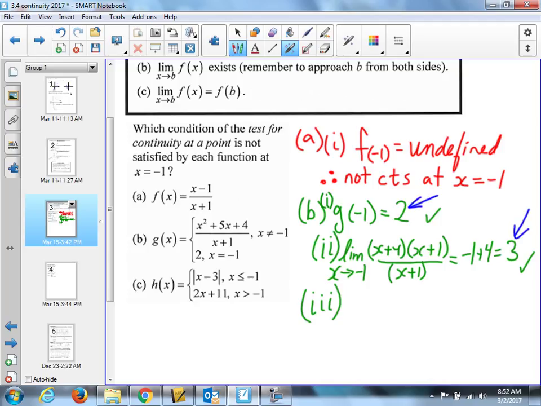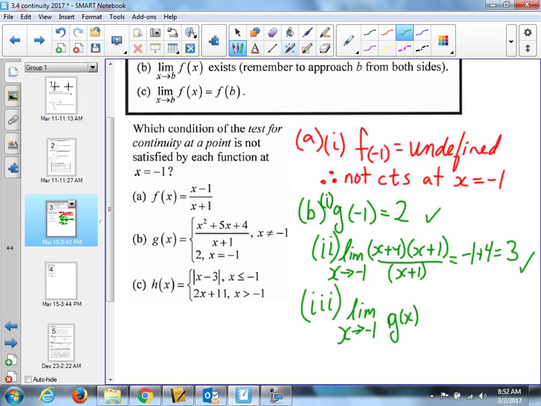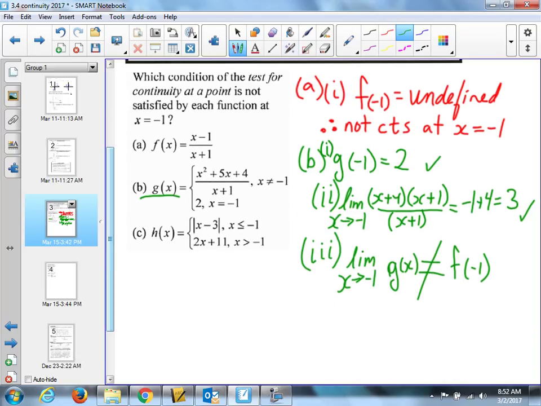So what we can say right now is that the limit of x approaching -1, in this case for the function g of x, I'm getting the name from here, is not equal to g of -1. What does that mean? Therefore not. Therefore, the function is non-continuous.